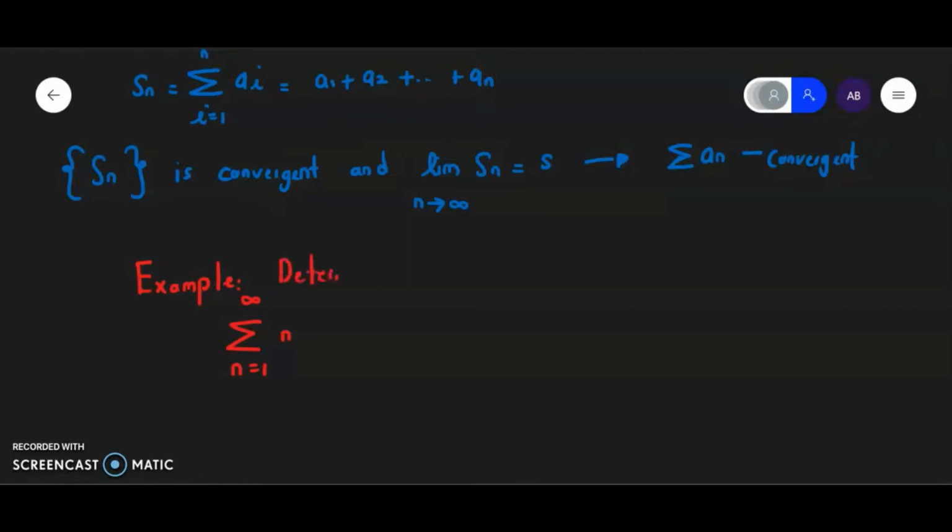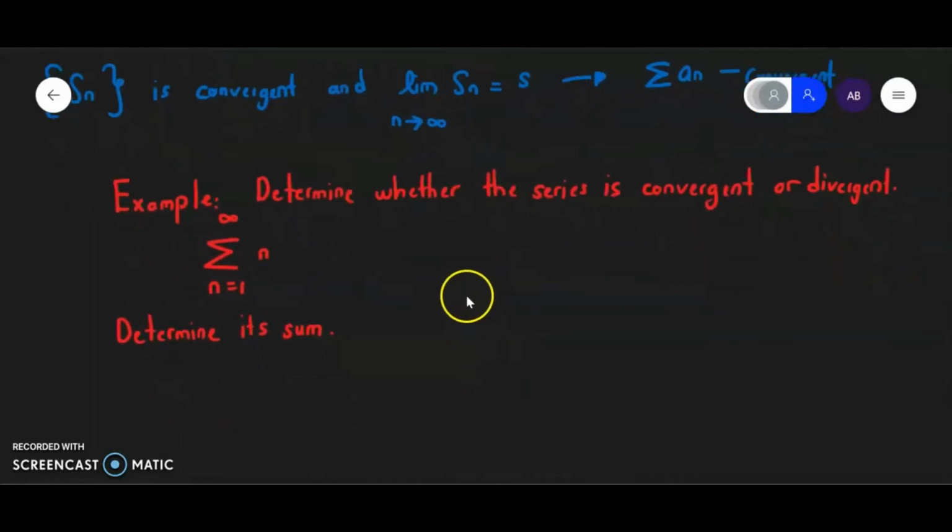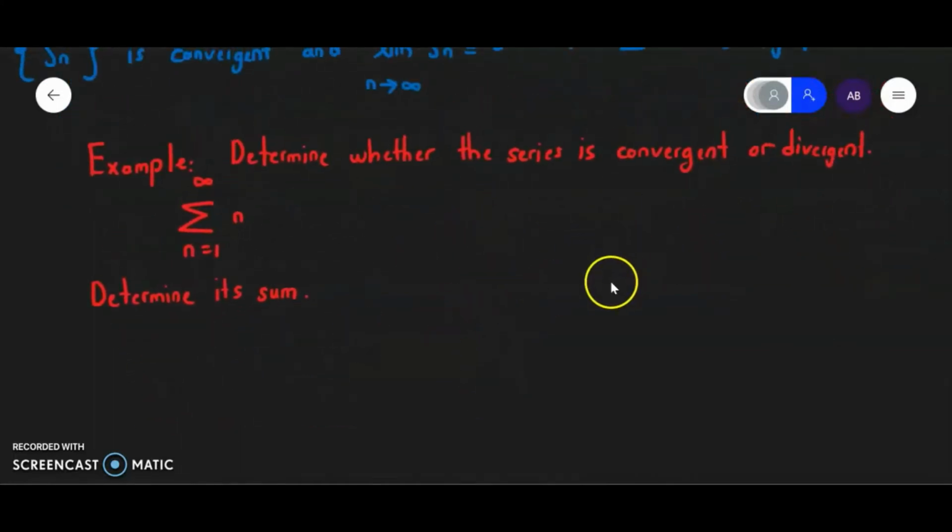Determine whether the series is convergent or divergent, and determine its sum. In order to find whether it's convergent or divergent, you need to find the sum.